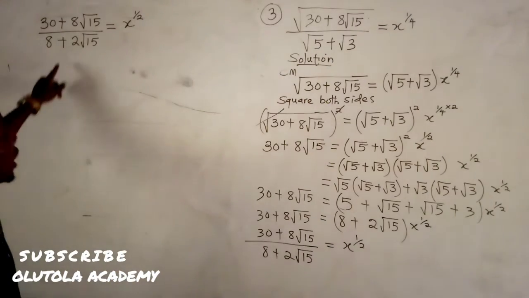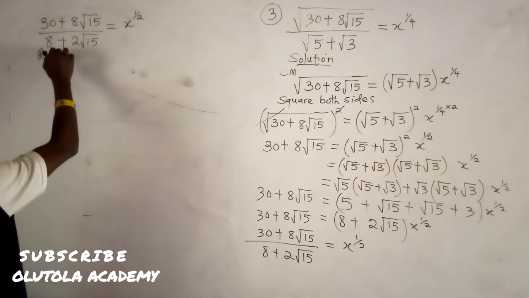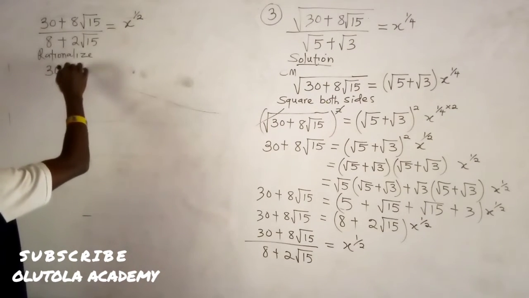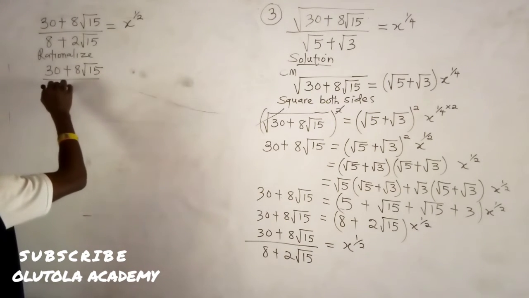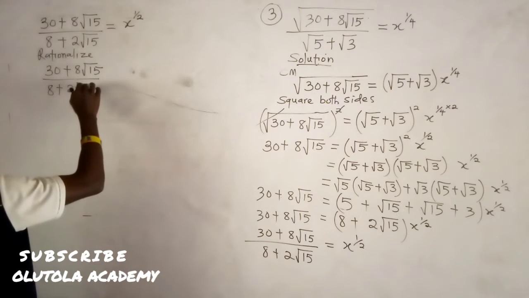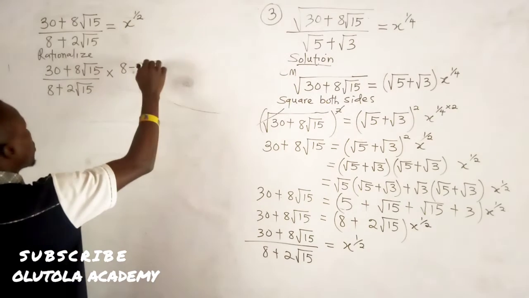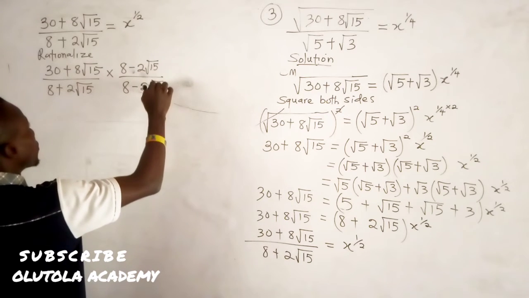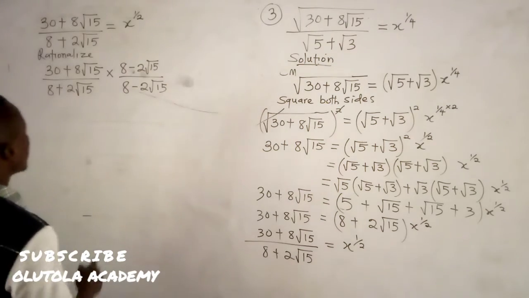As I said, we are going to rationalize. When we rationalize, we have (30 + 8√15) / (8 + 2√15) times (8 − 2√15) / (8 − 2√15). Let's keep this first. I'll bring it back later.